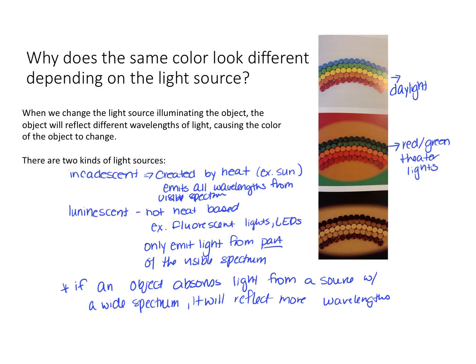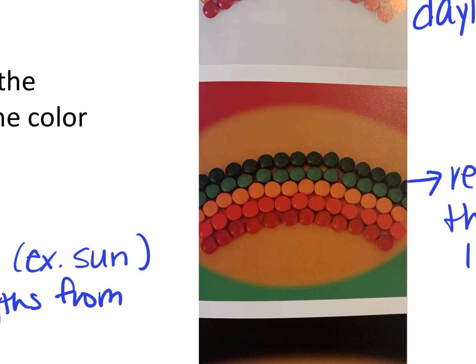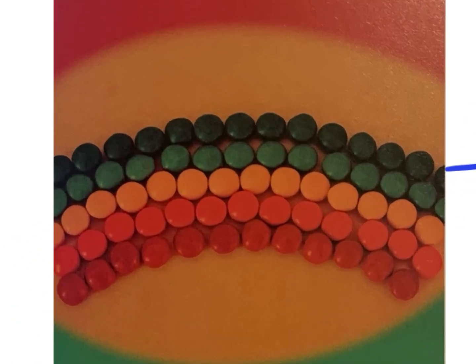And that's why the blue appear to be dark green, okay? And so if we kind of blow it up there, you see that these right here, that was the blue candy, right? And now it appears to be green because we only have the red and green wavelengths that are hitting it.